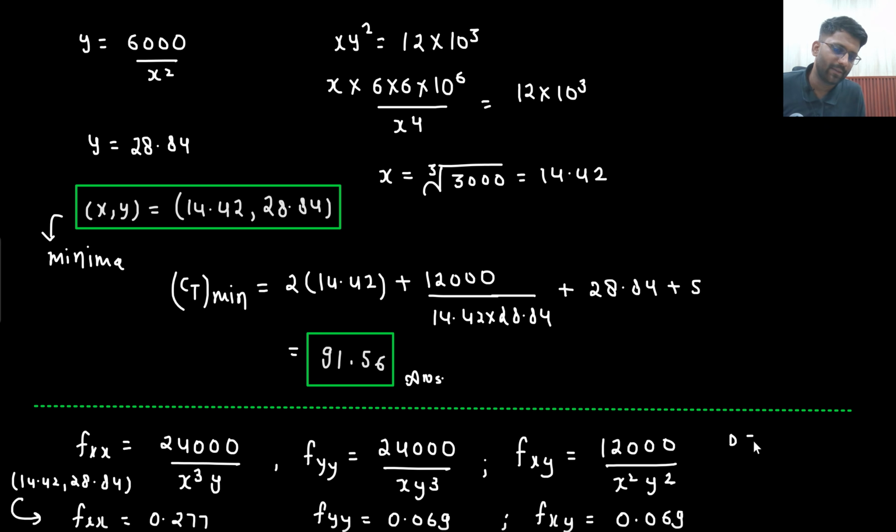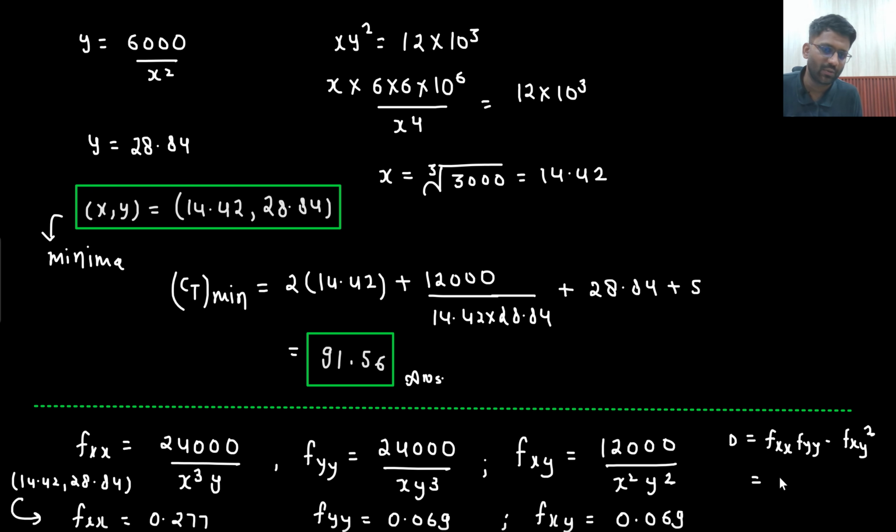Now what is the value of d? Value of d will be fxx into fyy minus fxy whole square. 0.277 into 0.069 minus whole square of 0.069.